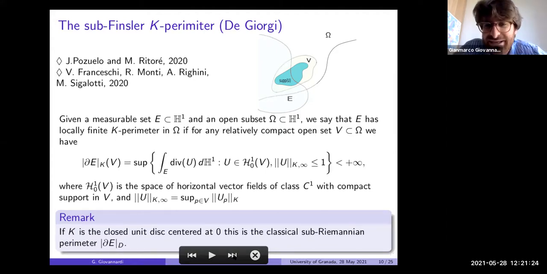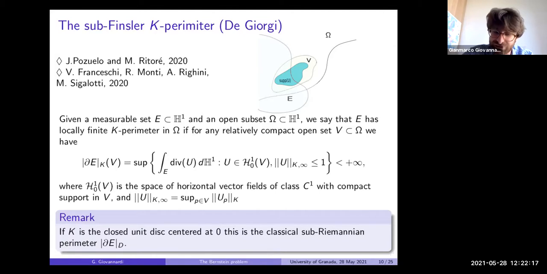This is an idea by De Giorgi: we consider a measurable set E in H1, and we fix an open set omega in H1, and we say that E has locally finite K perimeter inside omega if for any relatively compact open set V, so we test all the possible open sets that are relatively compact inside omega, we have that the supremum of the integral over E of the divergence of U, where we are considering all possible horizontal vector fields, so they belong to the distribution, are C1 and compactly supported inside V.